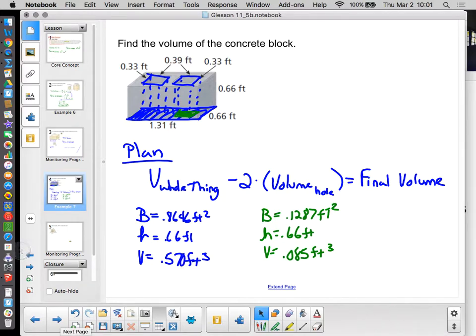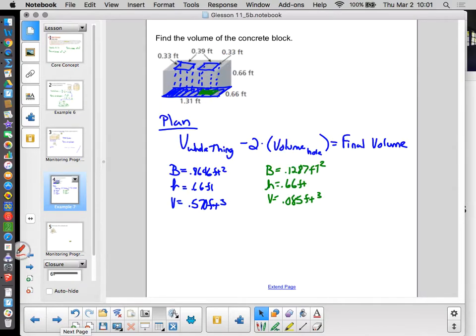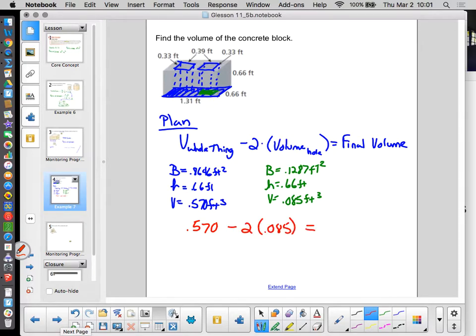Now what do I have to do? I have to take the total volume minus 2 times the hole volume, so 0.570 minus 2 times 0.085 is going to be my final answer, and it's going to be in feet cubed, so we can always add our context ahead of time. 0.570 minus 2 times 0.085 is 0.4 exactly.